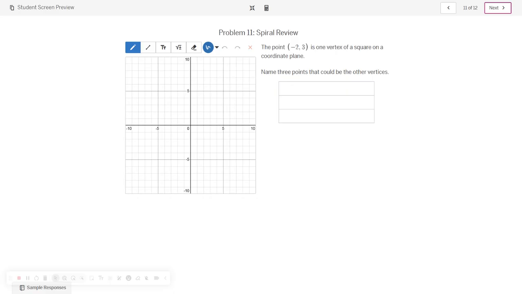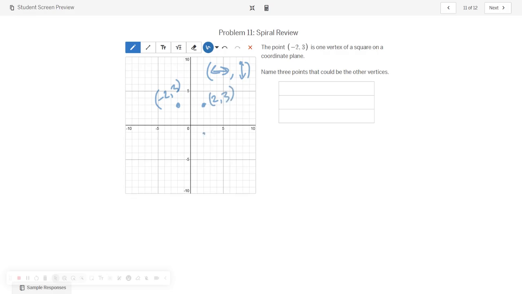If -2, 3, so I do this. That's -2, 3, is one vertex of a square. What could the rest be? Well, it depends on how big the square is. Let me say that if one point is right there, that's 2, 3.